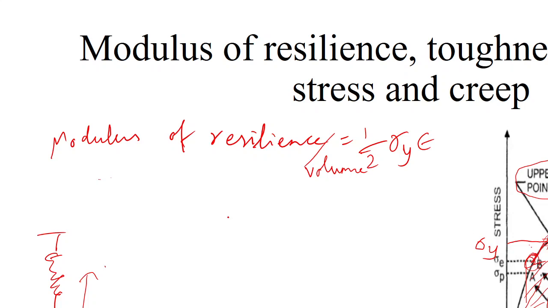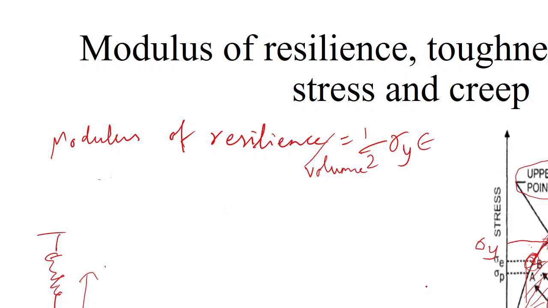So it is the same as resilience, but when the material does not have a significant or definite yield point, we term it proof resilience. Yes, sir, this is the concept. Thanks.